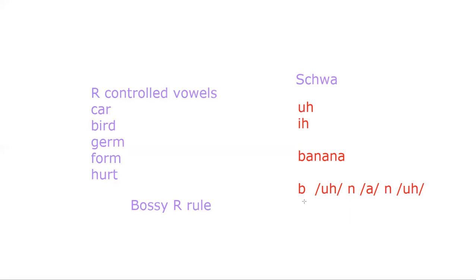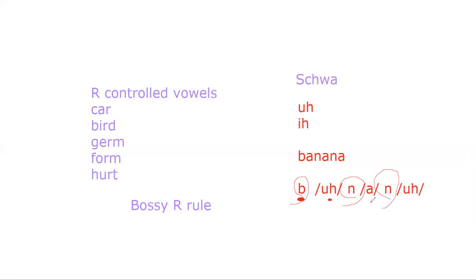This is one consonant sound, b. And then we have schwa. A is a schwa. And then n is a consonant. So two schwa sounds.